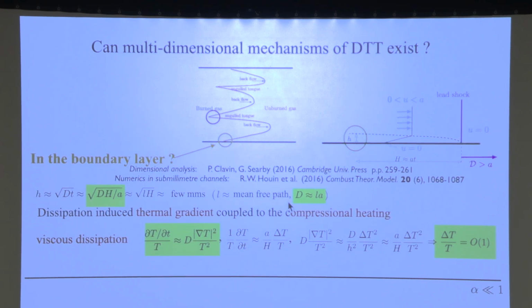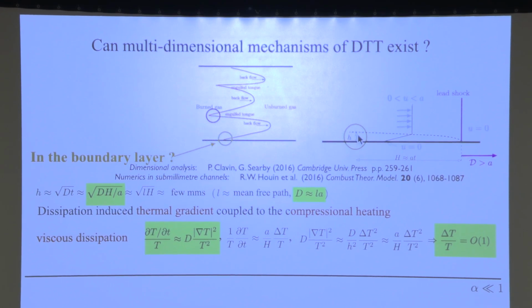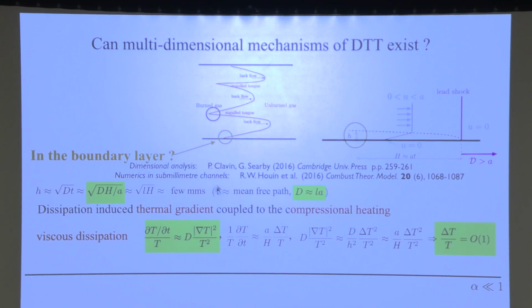Now if the boundary layer is turbulent, this is another story. But for a laminar boundary layer, you can compute easily the temperature increase because of viscosity. You have a shear flow here, and this shear flow, because of the viscosity, introduces an increase.